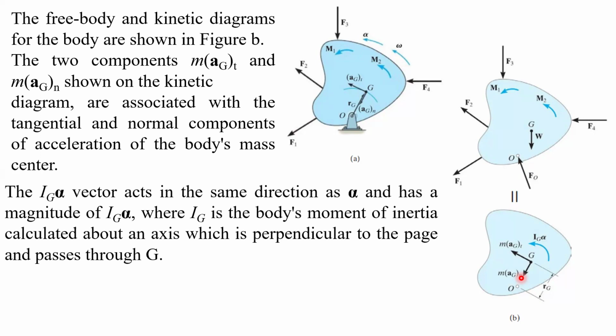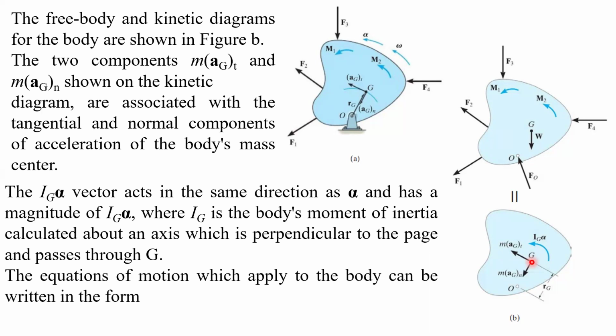The I alpha vector acts in the same direction as alpha and has a magnitude of Ig alpha, where Ig is the body's moment of inertia calculated about the axis perpendicular to the page and passing through G. This is G, and that axis is called Z. So the equations of motion which apply to the body can be written in the form: summation Fn is equal to m aGn, which is m omega squared rG, and summation Ft is m alpha rG.